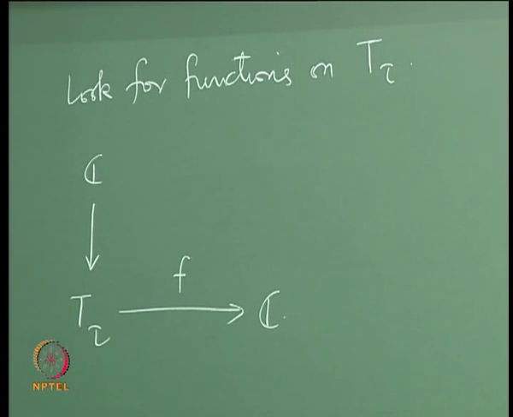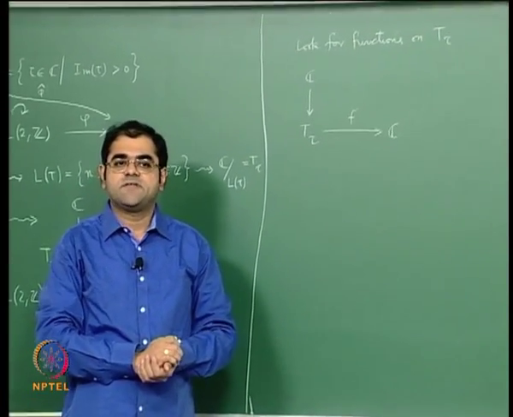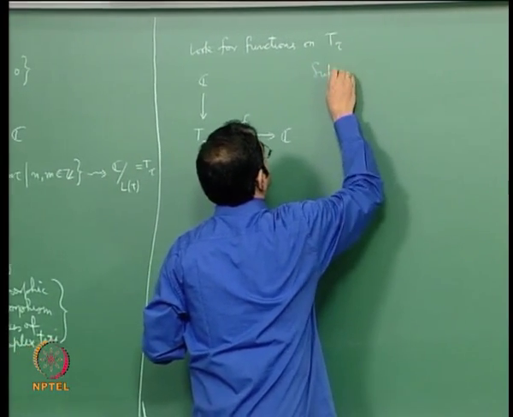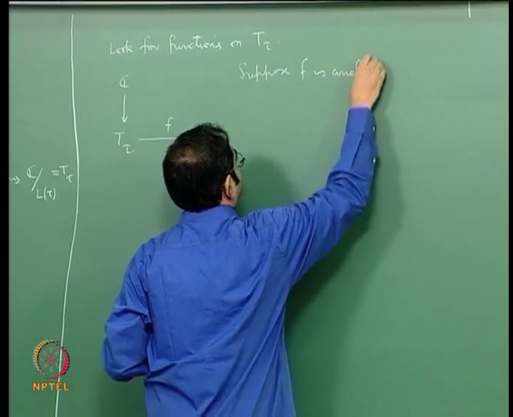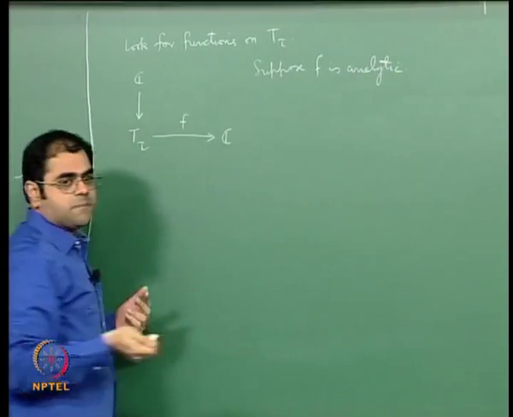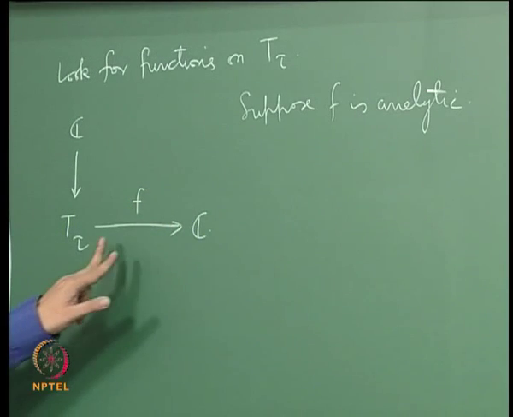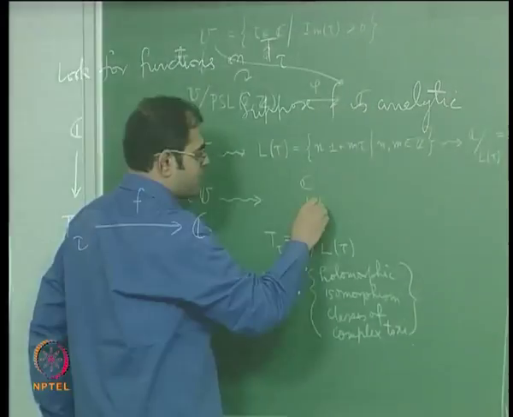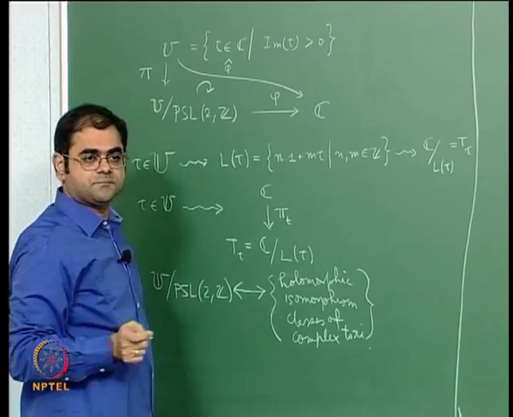Suppose you are looking at a complex valued function, and let's be optimistic and assume that f is analytic. So I am searching for functions on the torus, and suppose I have a function like this which is analytic. Let me call this projection pi sub tau, not to be confused with this pi.